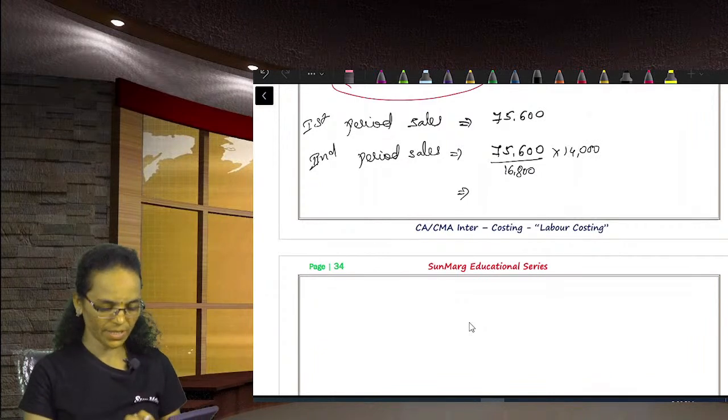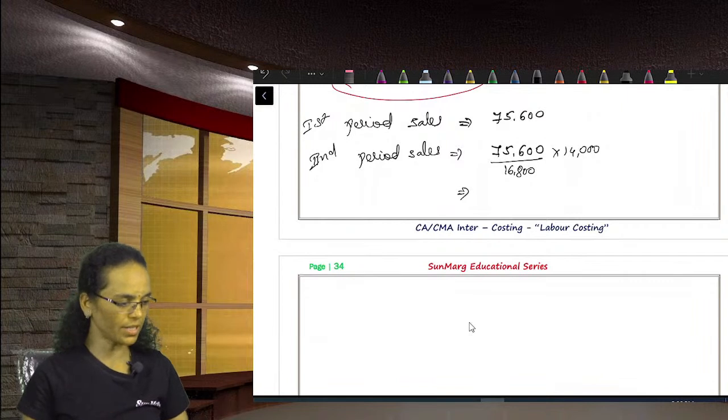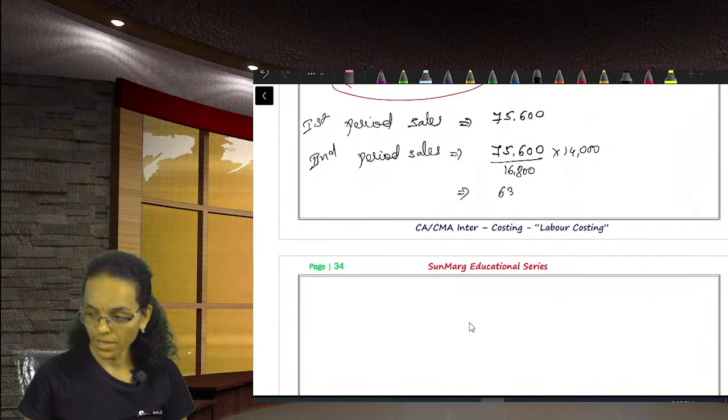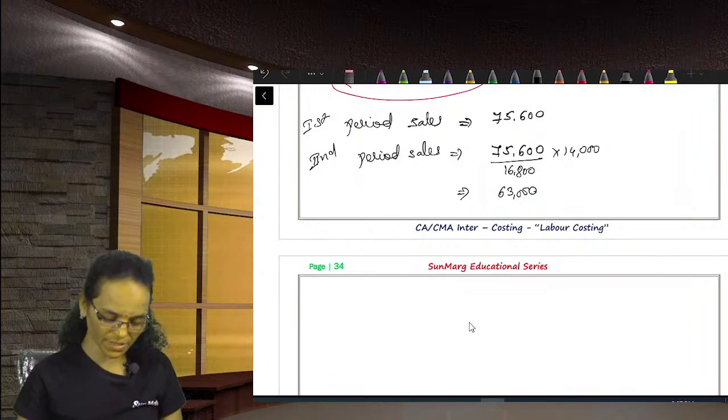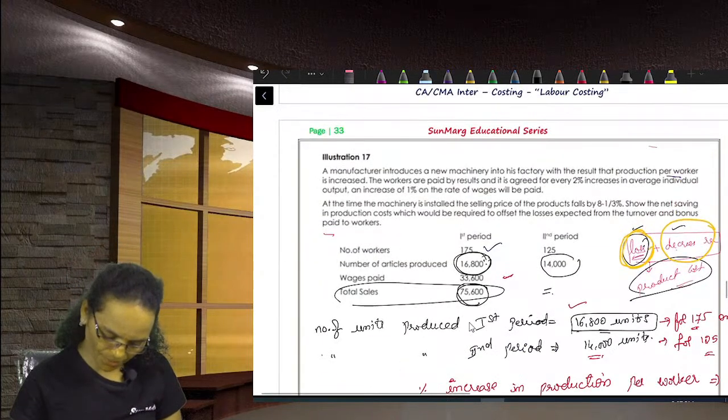So 75,600 divided by 16,800 into 14,000, that is nothing but 63,000 as the sales. But there is a decrease in the selling price by 8.33 percentage.